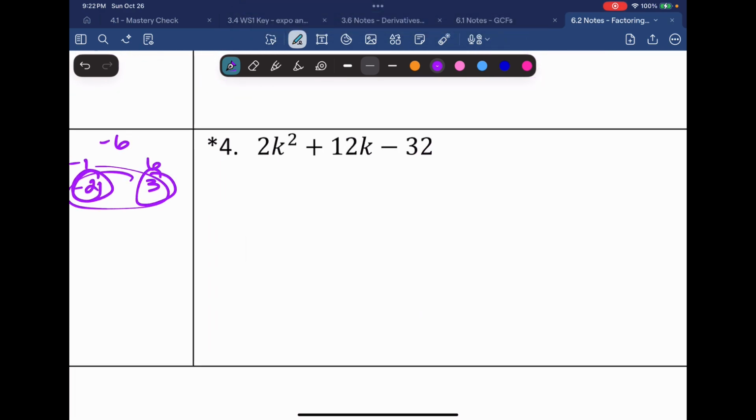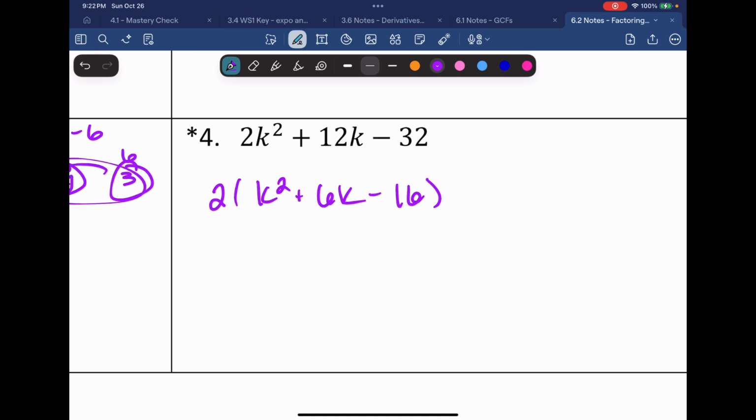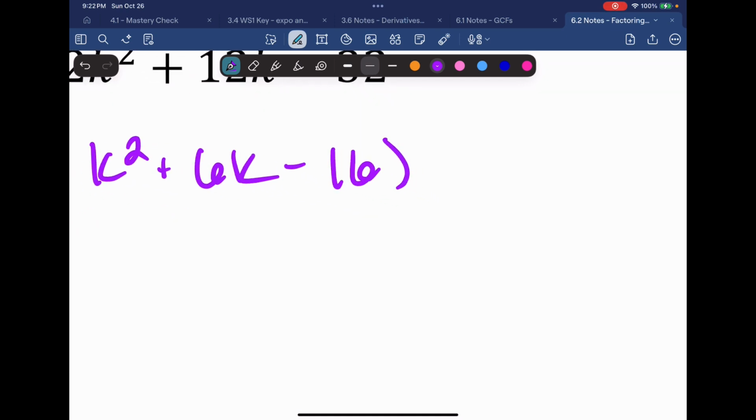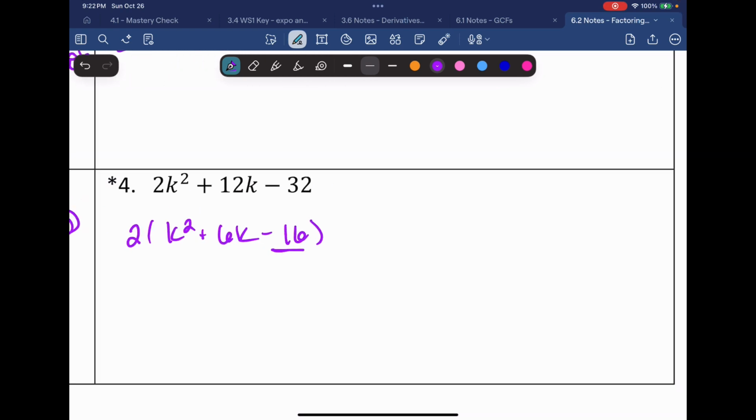All right. Leading coefficient must be positive 1. It is not. So it may have a GCF. In this case, it's 2. All right, so if I ignore that 2, now my leading coefficient's a positive 1. So I want factor pairs of negative 16.